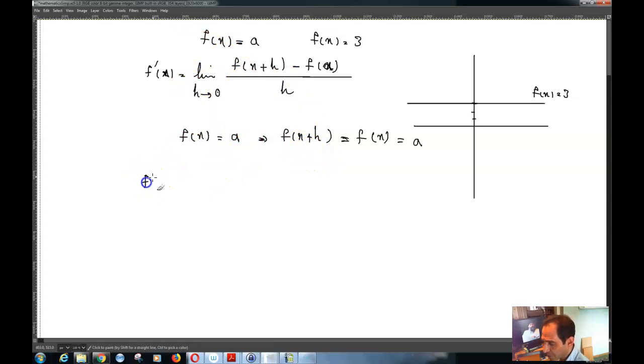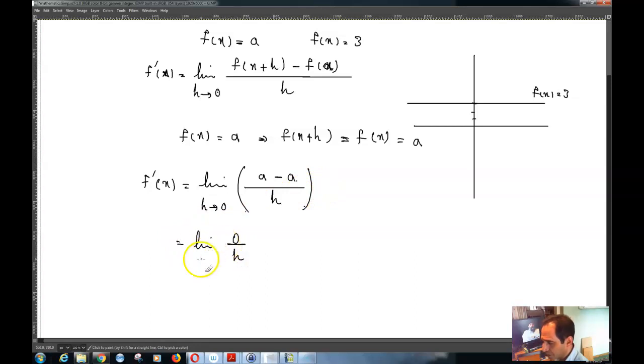So I can write f prime of x is equal to the limit of f of x plus h, which is equal to a, minus f of x, which is equal to a, over h as h tends to 0. That's the same thing as the limit of 0 over h as h tends to 0.